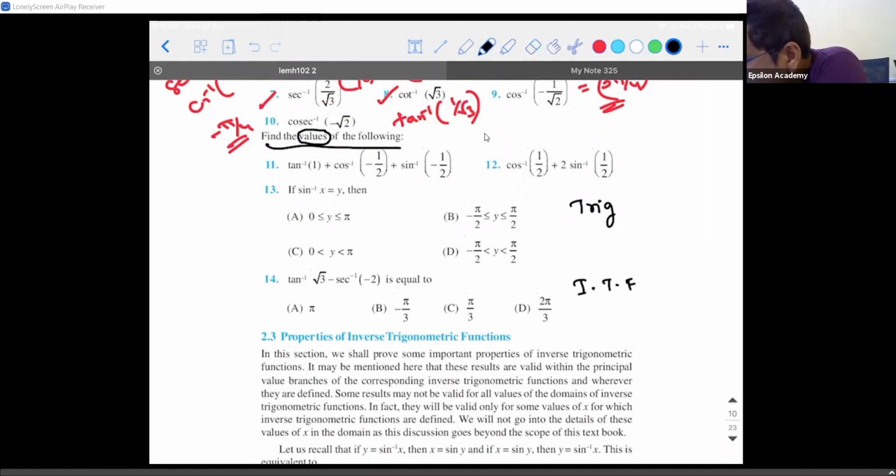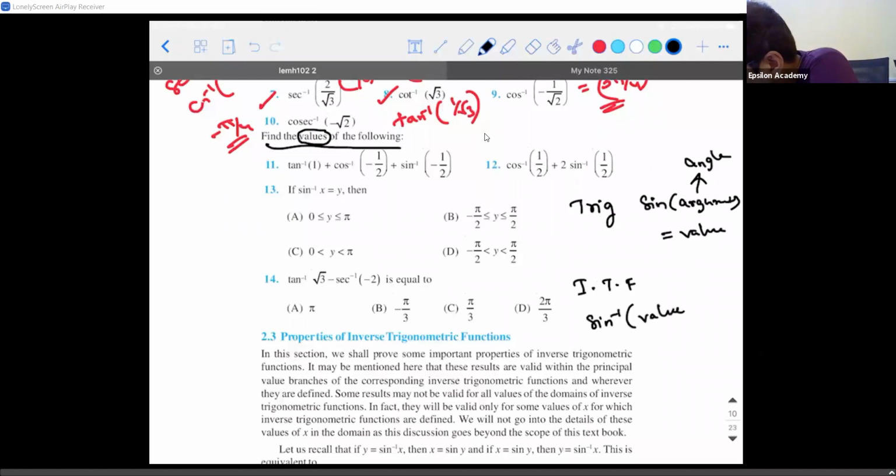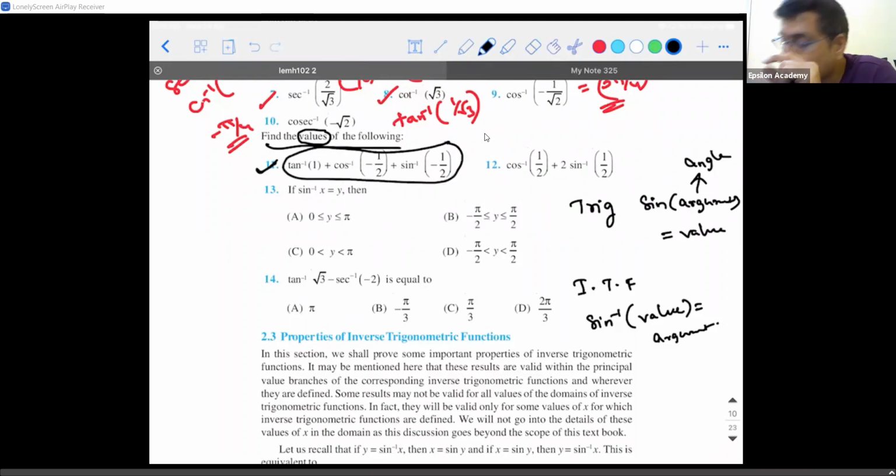For a trigonometric function, sine of an argument will give you a value. What do I mean by argument? Argument is angle. For inverse trigonometry, sine inverse of a value will give you an argument. So logically, when they ask these questions, what should be the output? When they say values, they're asking for the angle. For that, we will take the help of the table.